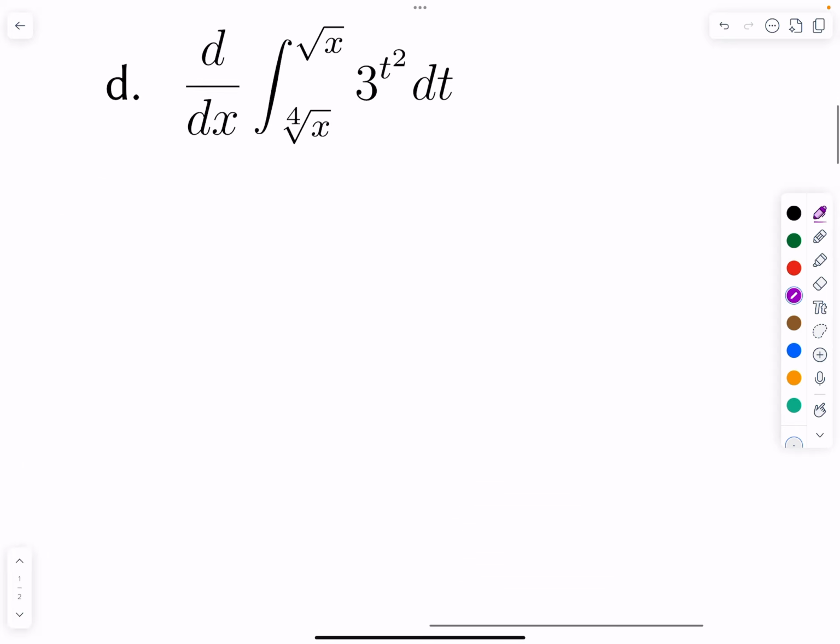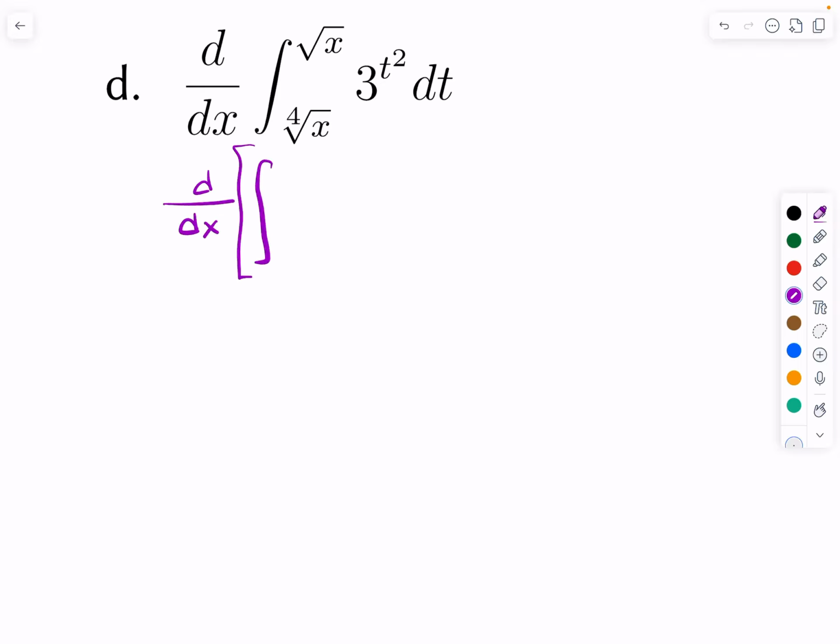Okay, last one for this, then we'll go to fundamental theorem part 2. So here, what do we do? Well, what we're going to do is we're going to separate this into two integrals, and you can pick any number you like. So I'm going to just pick the number 7, but you can pick whatever number you'd like.